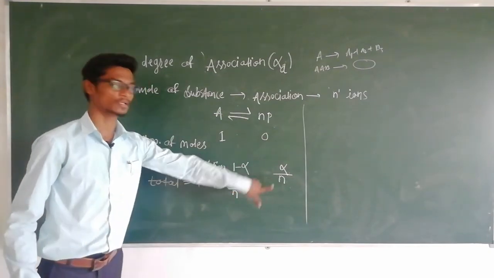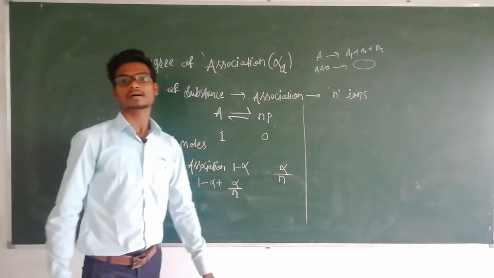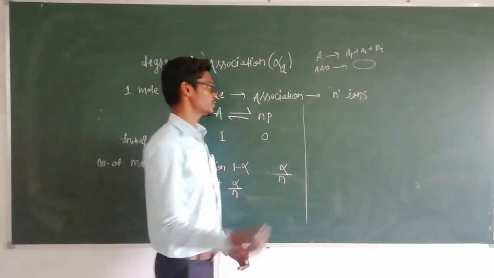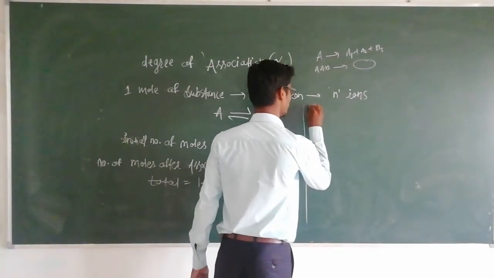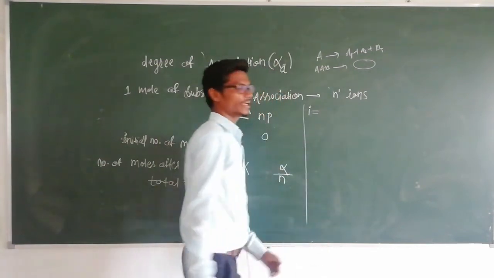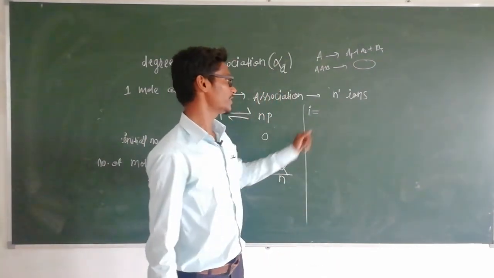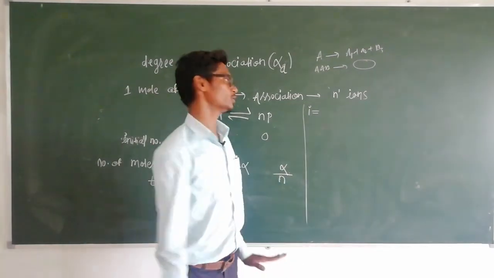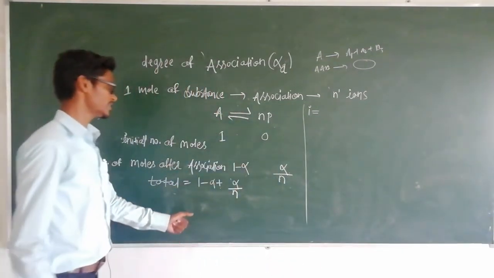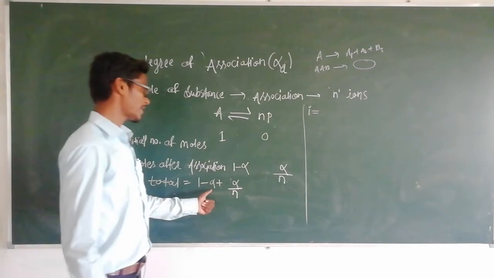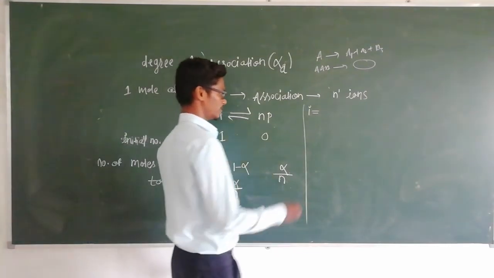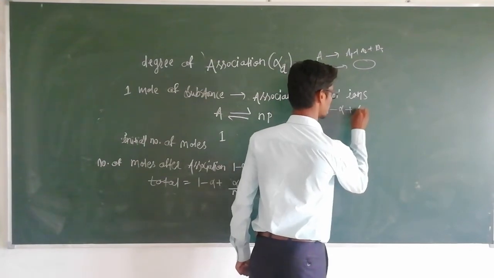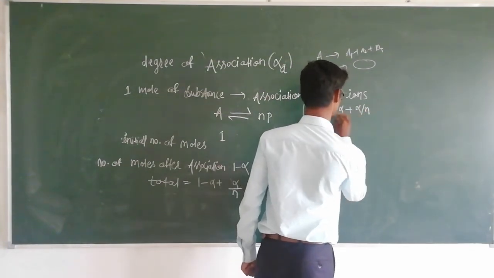This is the total. According to the Van't Hoff factor, denoted by i, what do we take in the numerator? In the numerator we take the total number of particles present in the solution, which is 1 minus alpha plus alpha by n.